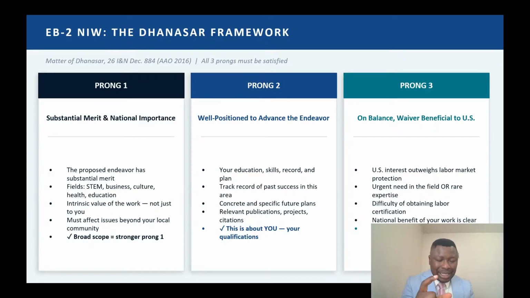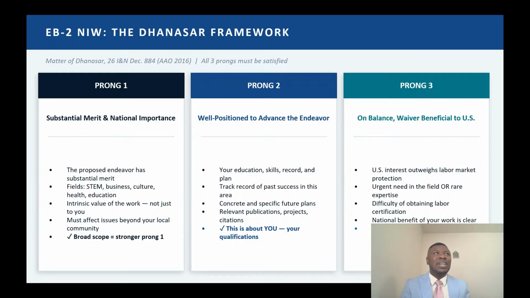There are two parts to EB2: the advanced degree part and the exceptional ability part.